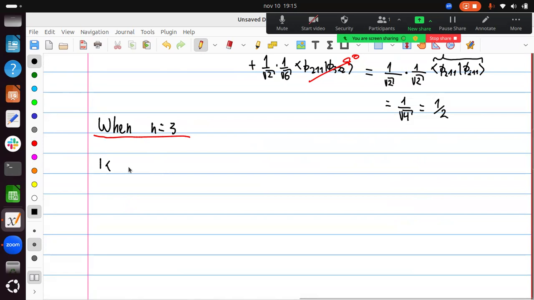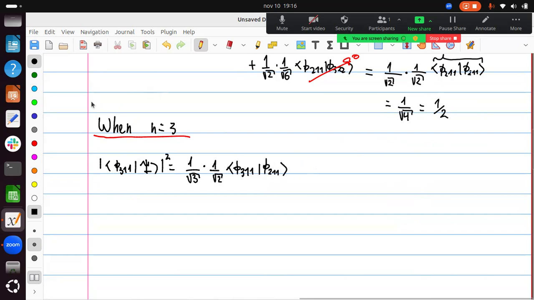The bracket with P311 and the wave function squared. This will be just 1 over the square root of 3 and square root of 2 with the bracket 311 with the ket P211.